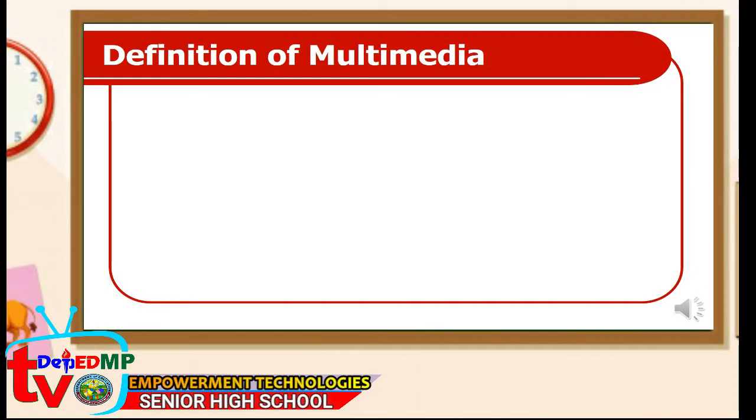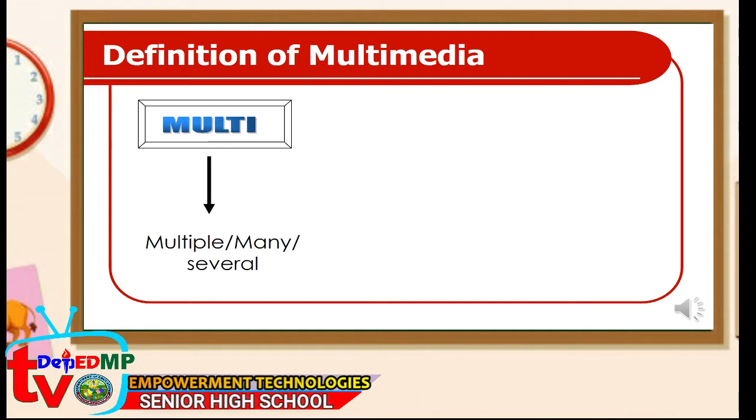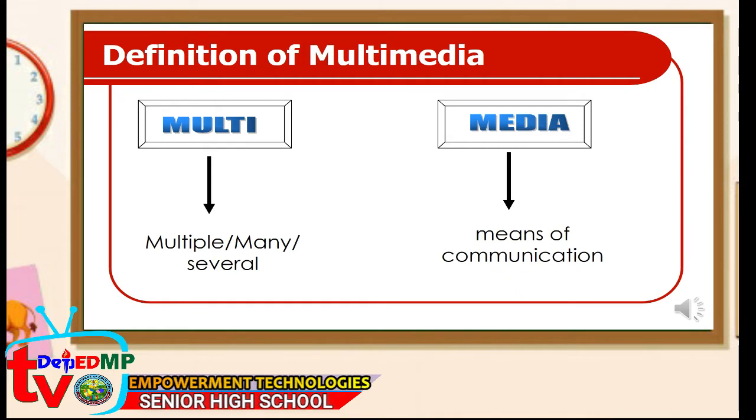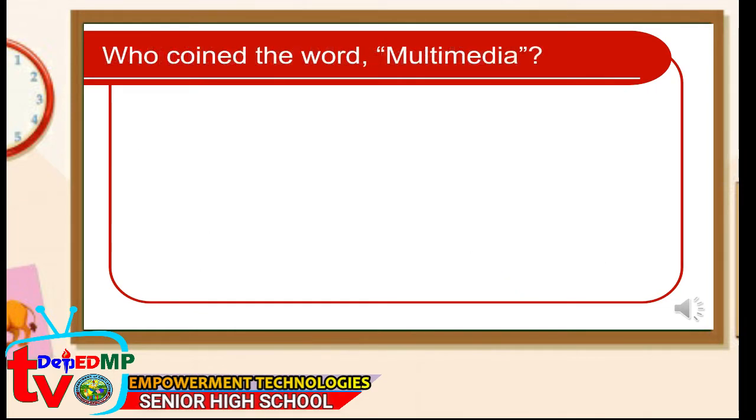The word multimedia came from 2 words, multi, which means multiple or many, and media, which is defined as tools or means of communication. The term multimedia was coined by Bob Goldstein in 1966.